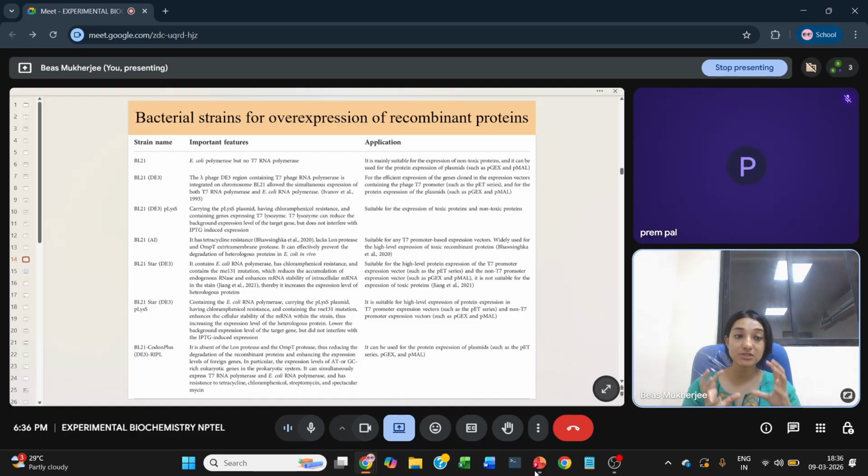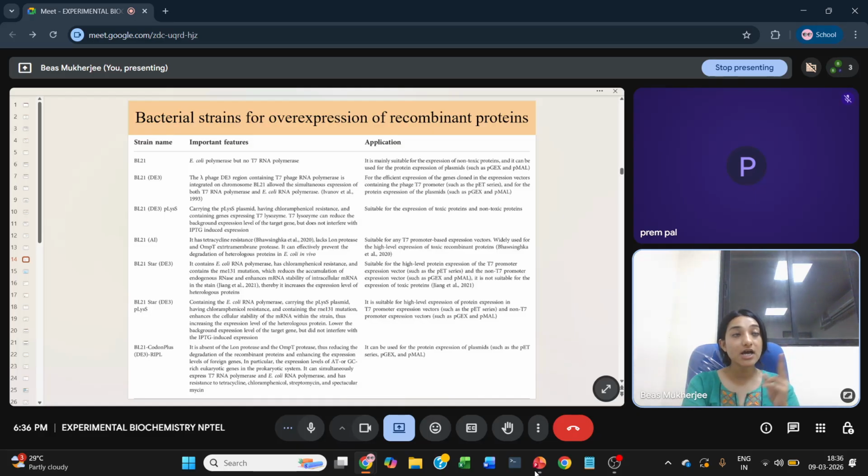So it produces a specific kind of lysozyme which cleaves off the T7 RNA polymerase that is formed before induction. That is, we look at this and then you'll understand. So this carries the pLysS plasmid having chloramphenicol resistance and containing the gene expressing T7 lysozyme.